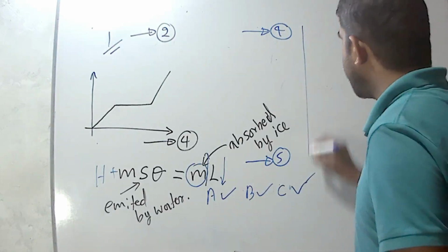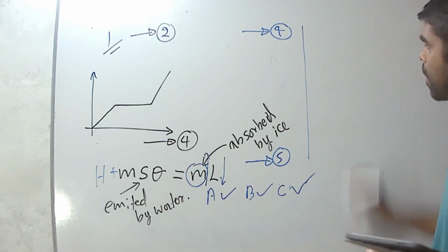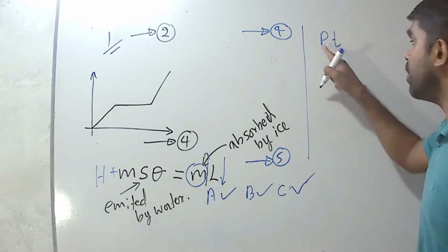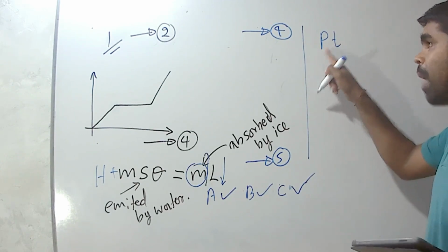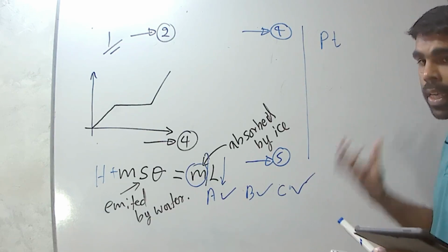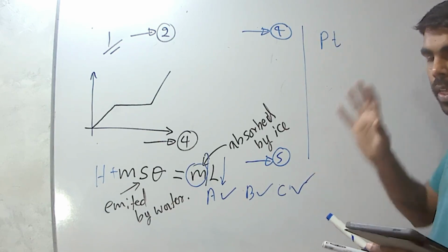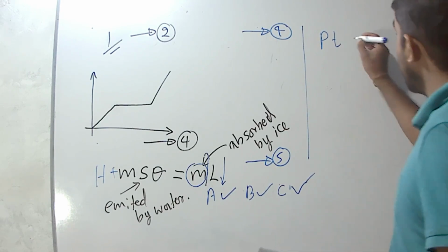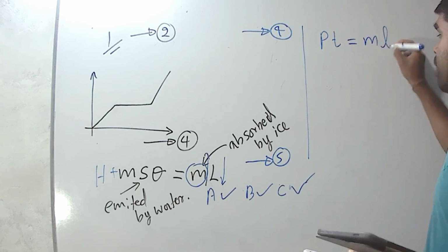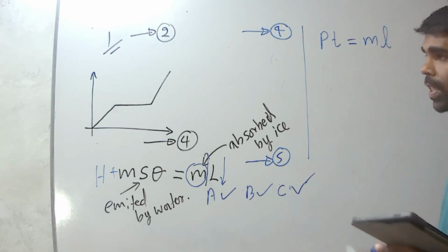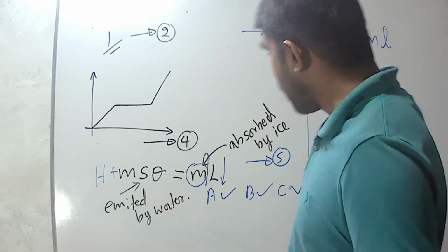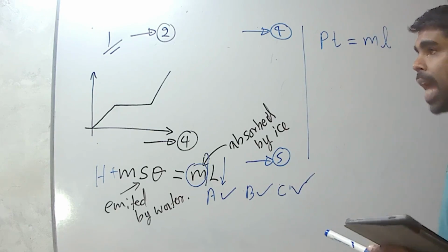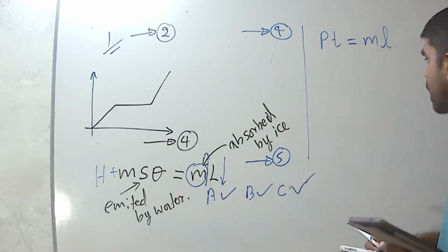We can get that the heat energy given by the immersion heater for a time T is P T. P means power. Power means heat energy given per second. We have to multiply by time to get the heat energy given in T seconds. It should be equal to m L, mass into latent heat of fusion. There is only a phase change because the ice is at 0 degrees. It is the melting point of ice.